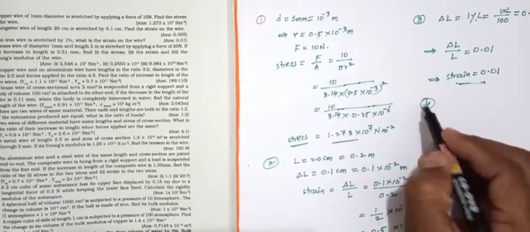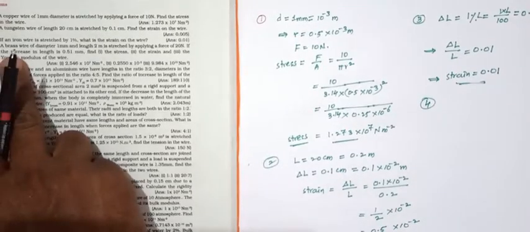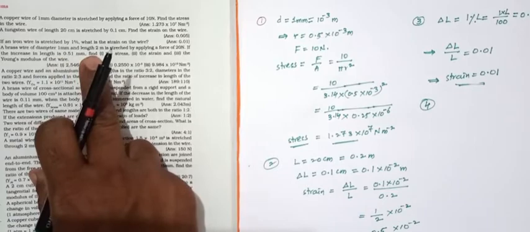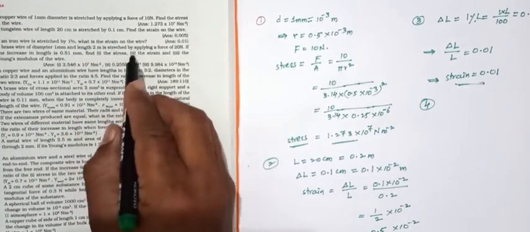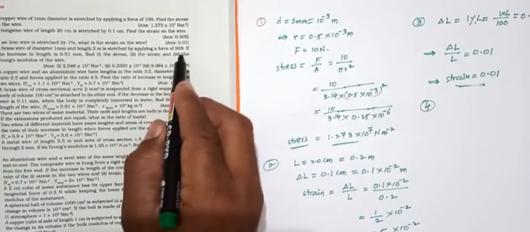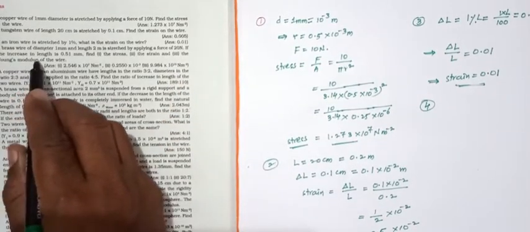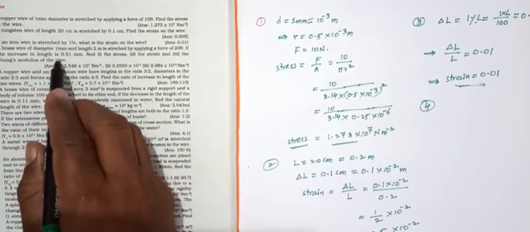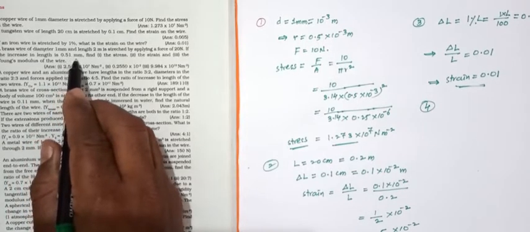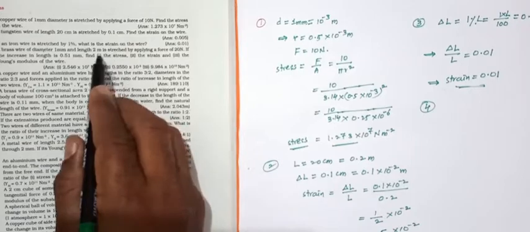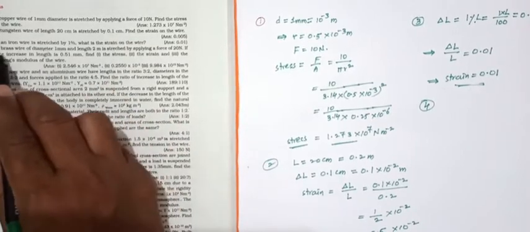And fourth one, a brass wire of diameter 1 millimeter, length 2 meters, is stretched by applying a force of 20 newtons. If the increase in length is 0.51 millimeter, find the stress, strain and Young's modulus. Okay, here is a brass wire.